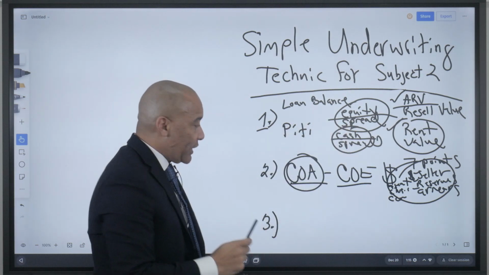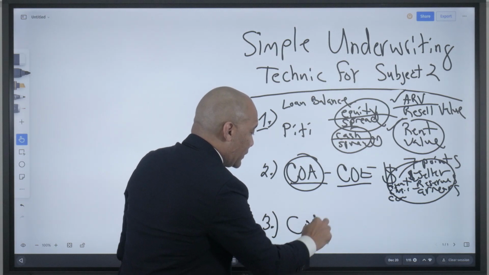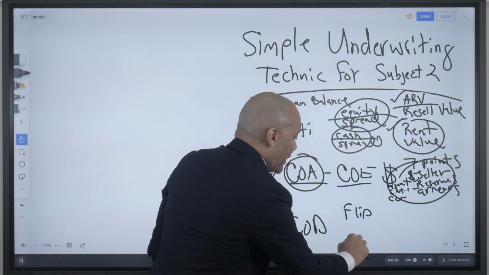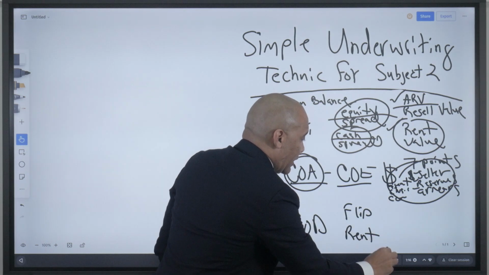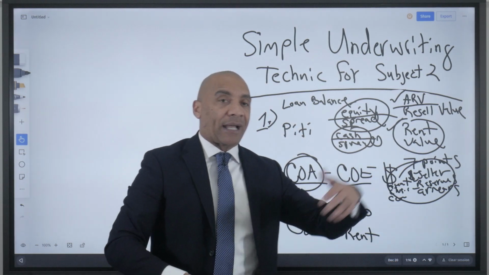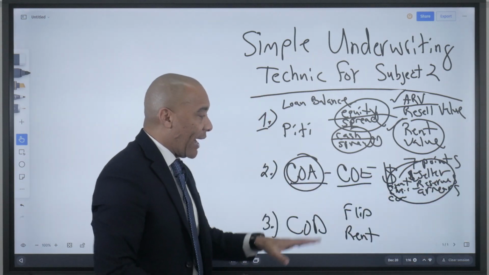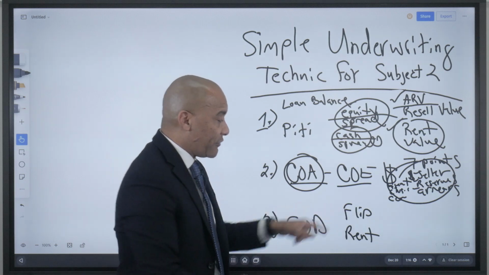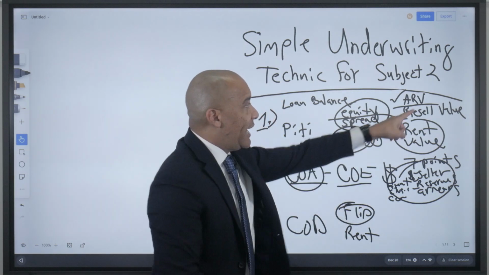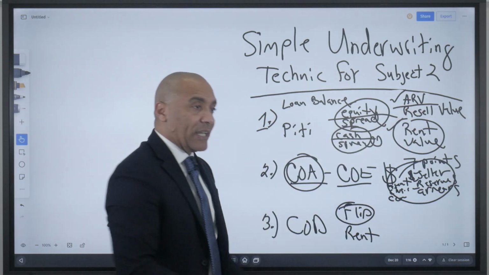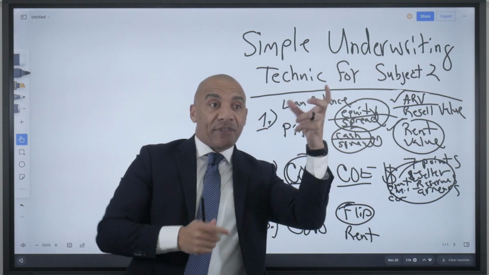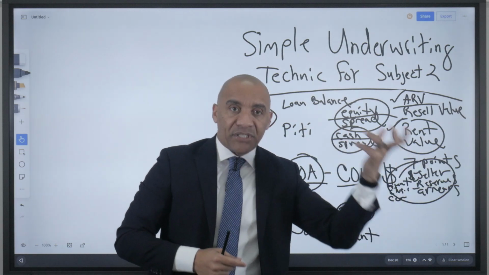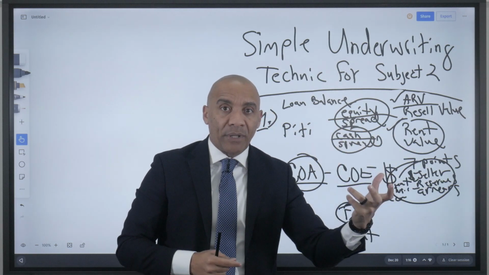And then here, number 3, you have the COD, which is the cost of disposition. Am I flipping this property? Am I renting this property? Am I doing some other creative deal like a lease option or a wrap? I want to determine what my cost of disposition is, because if you're flipping that property, let's say at the ARV of 350, well, you're going to have to reverse engineer that 350, deduct 9 to 10% for commissions and closing costs, maybe holding costs.